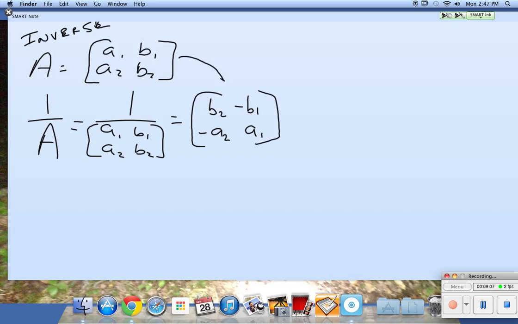This is the inverse of this. They're inverses of each other. If you were to multiply them together, what would you come up with? You multiply a number by its inverse, what do you come up with? 1. This is just learning the inverses here.